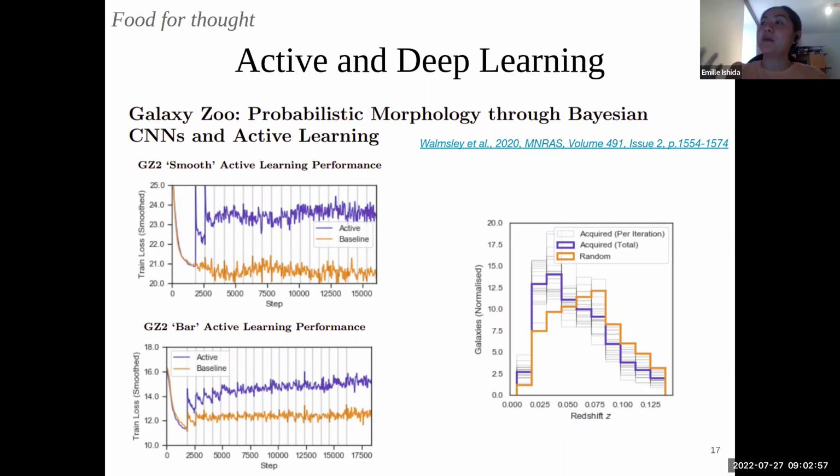But Mike has a very nice work, for example, using active learning in the context of convolutional neural networks to improve galaxy reclassification, which is super interesting because they use the advice of the volunteers as labels and try to understand if the results change if they give the volunteers different galaxies to look at.